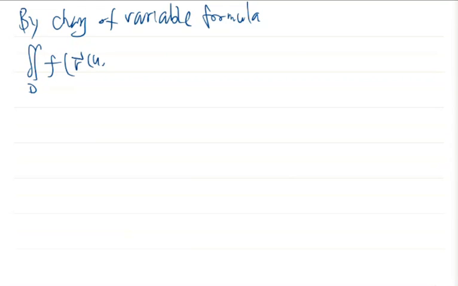Change of variable formula. Our integral of f(R(u,v)) times the norm of Ru cross Rv du dv.